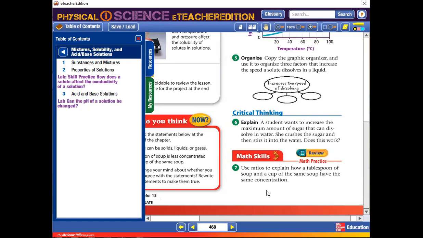Good. Because actually concentration represents the relation between the mass of the solute over the volume of the solvent. So let's try to do it in numbers to make it clear for everyone.